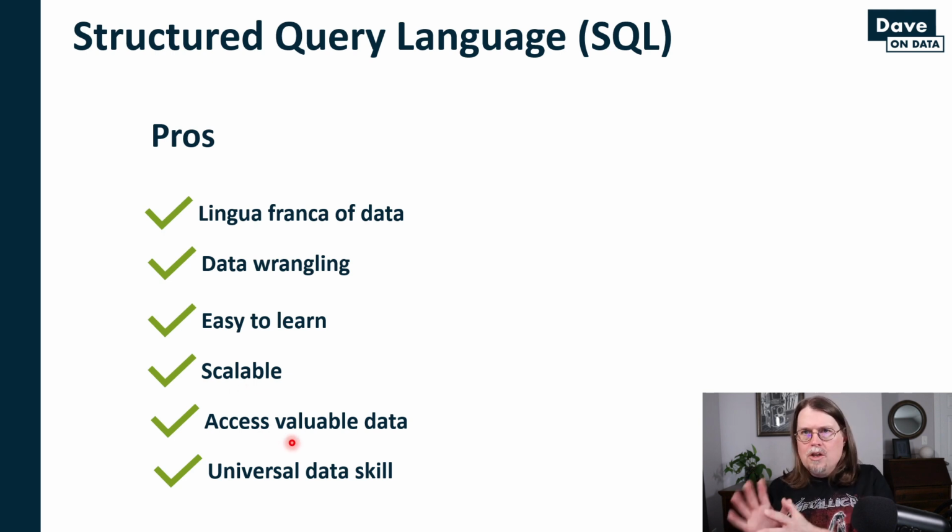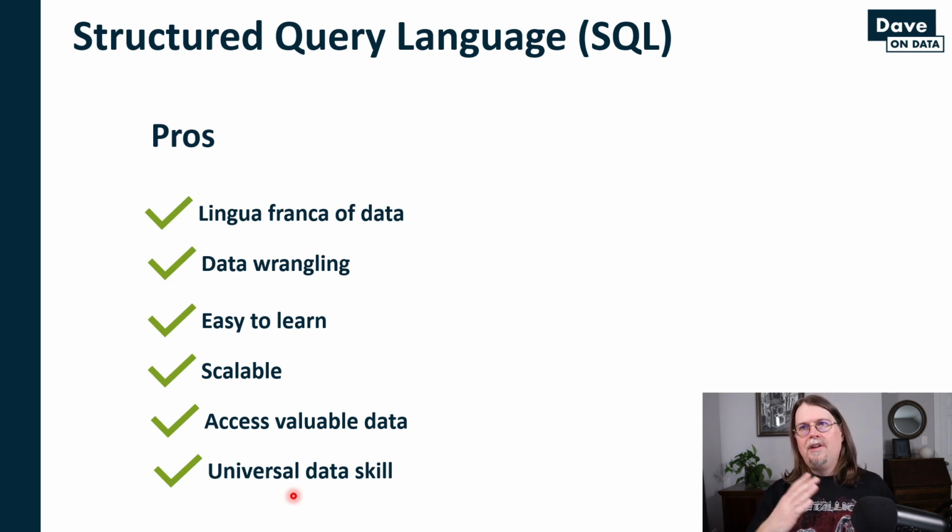Next, you can almost always bet that the most valuable data in organizations are stored in databases, especially relational databases, things like SQL Server, Oracle, Postgres, MySQL. So if you know SQL, and you can get access to the databases, you get access to the crown jewels of data within your organization. So that's a big pro. And then lastly, SQL is a universal data skill.